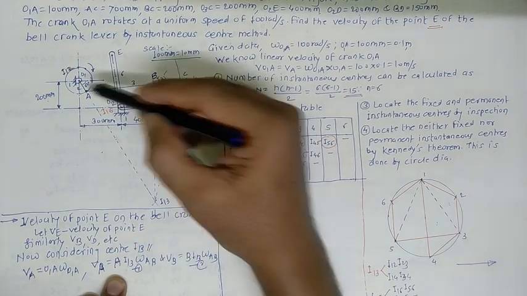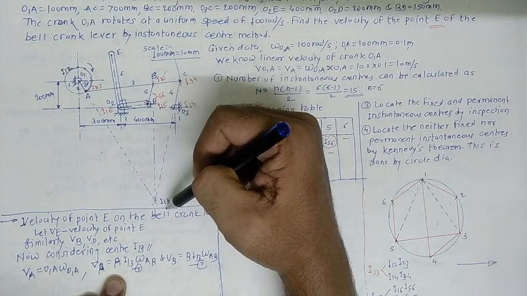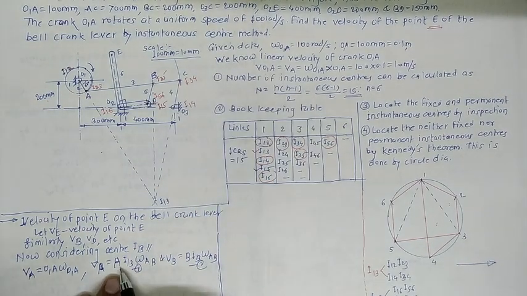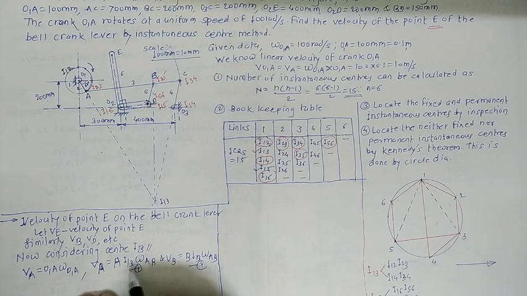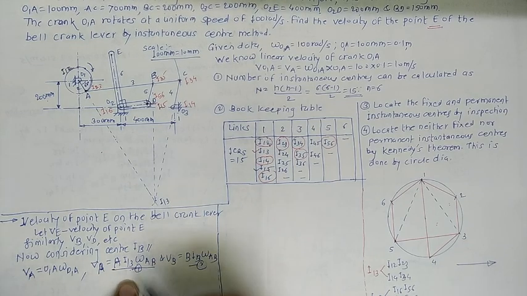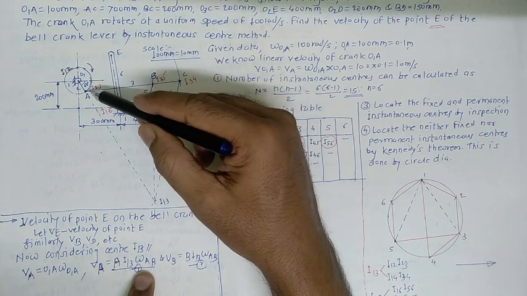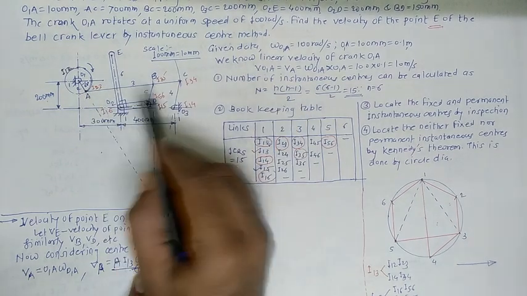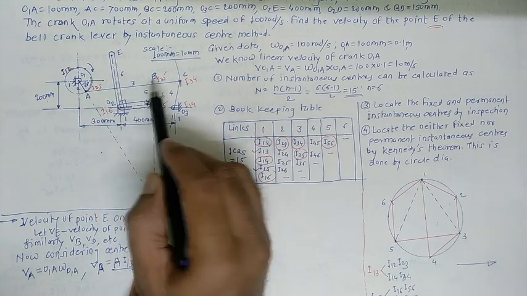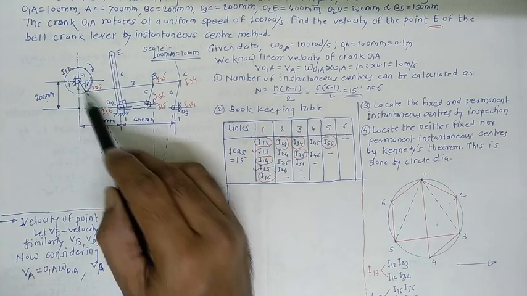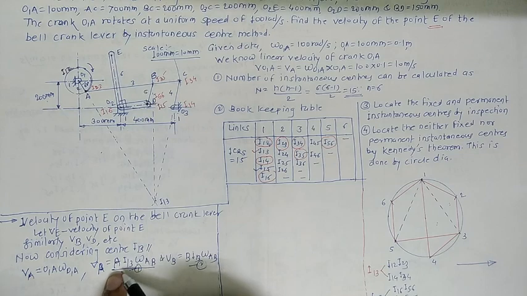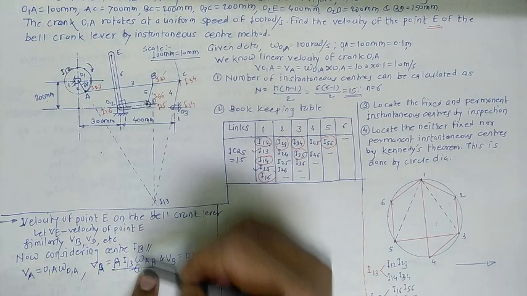So what about the distance? A I13 multiplied by its angular velocity. What about the angular velocity of the same? Here we get omega AB, the link we considered for the analysis. Point A is common between this one and this one. So A I13 indicates the distance multiplied by its angular velocity.